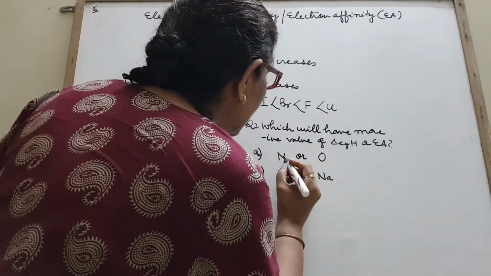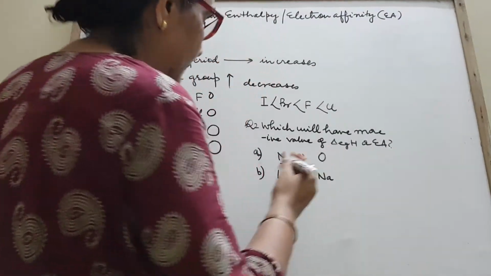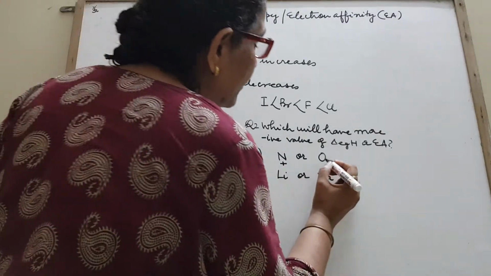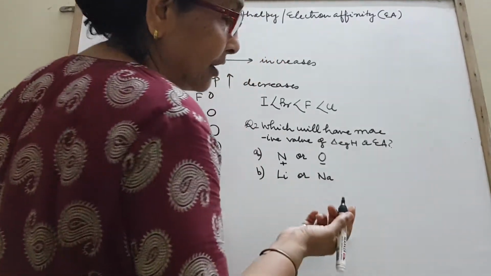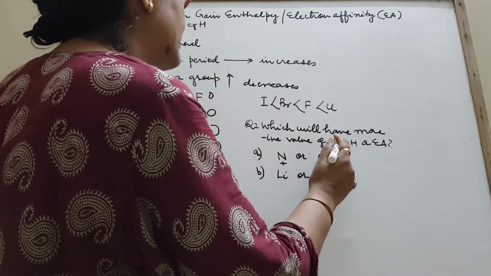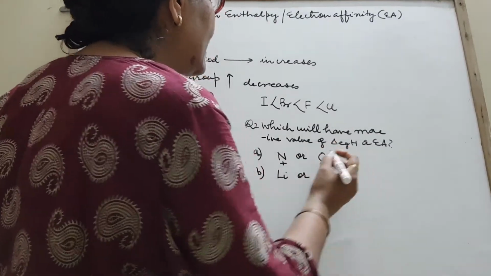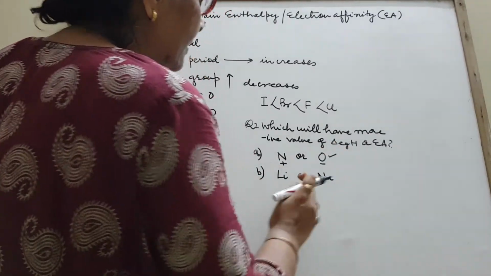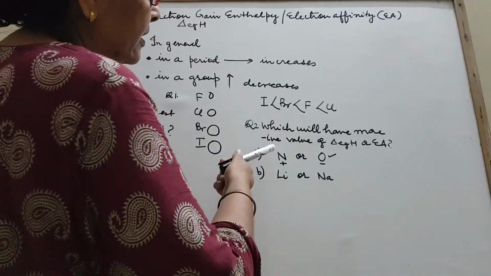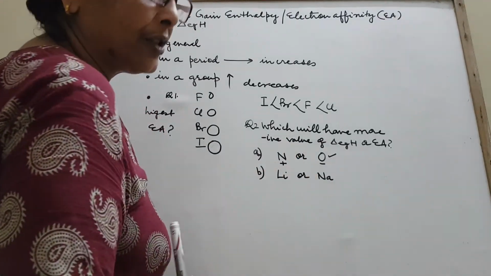So this has the value in positive, and it is O only which has the value in negative. So here the answer will be O, right? I repeat, here N was positive, it is only O which is negative.